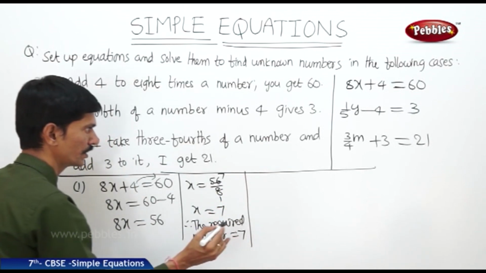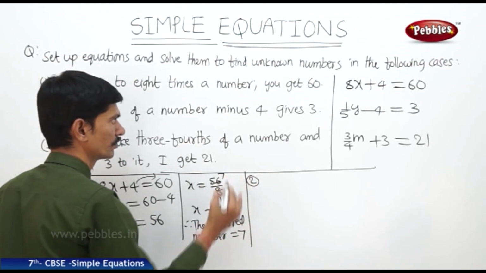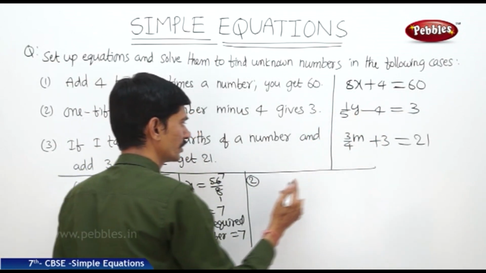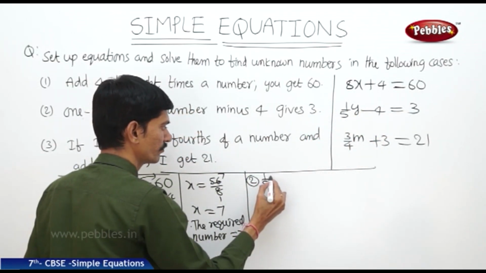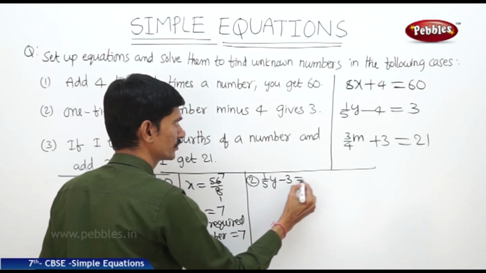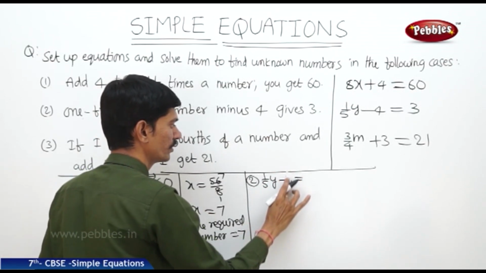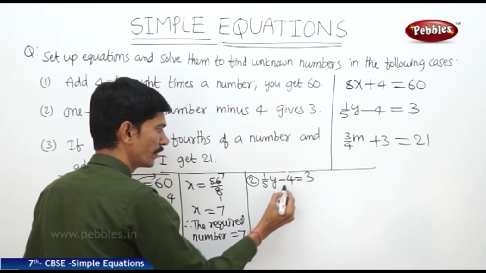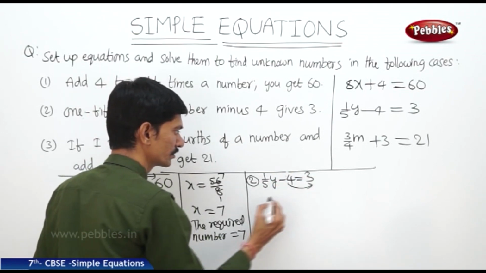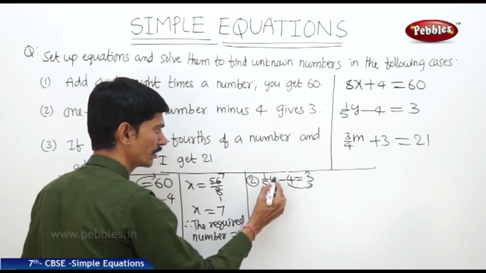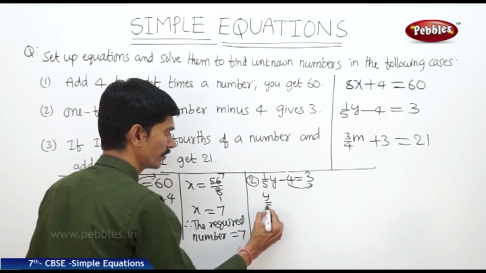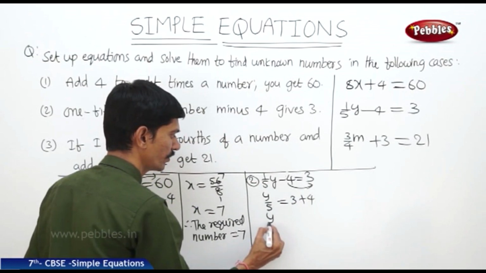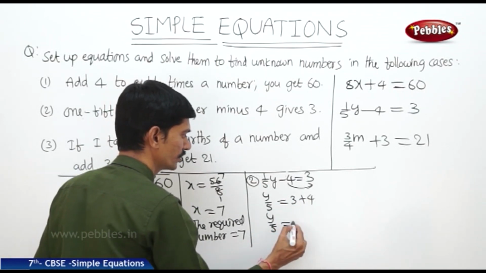Now let us take the second equation. 1 by 5 y minus 4 equals 3. By transposing minus 4 to the RHS, it becomes plus 4, so y by 5 equals 3 plus 4, which is 7.